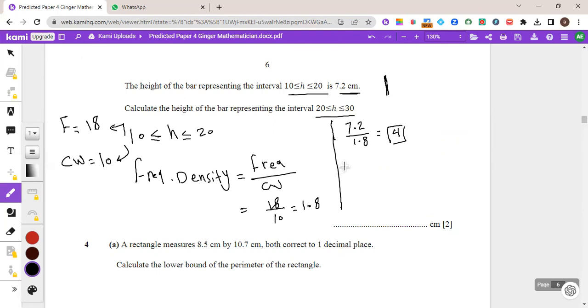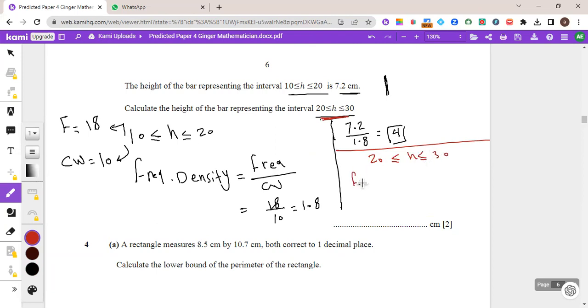So the scale factor is 4. So if I multiply the frequency density of this one by 4, I will know the height, right? So I will repeat the same for this one.